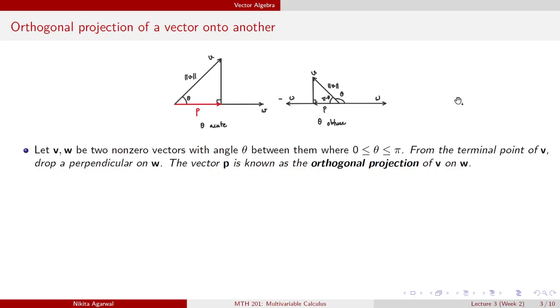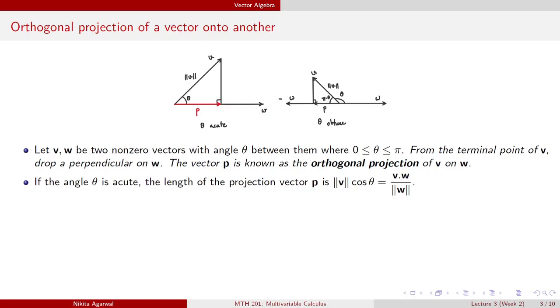So let us find out first the length of P and then the vector P. If theta is acute, you want to find this length, which is nothing but the base of the right angle triangle with angle theta and hypotenuse norm V. Norm V is the length of the vector V. So what is the length of P then?